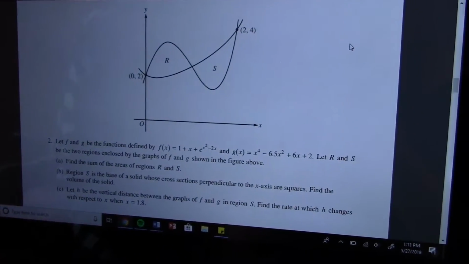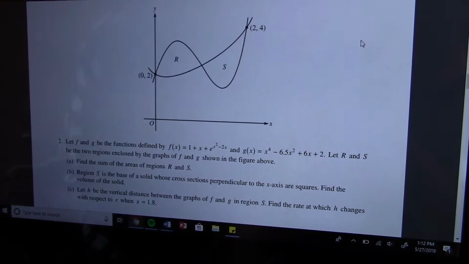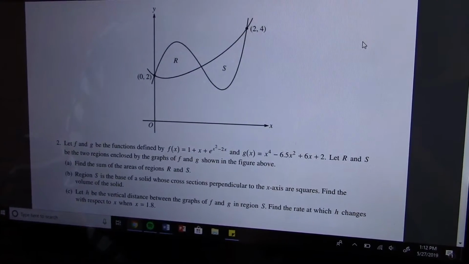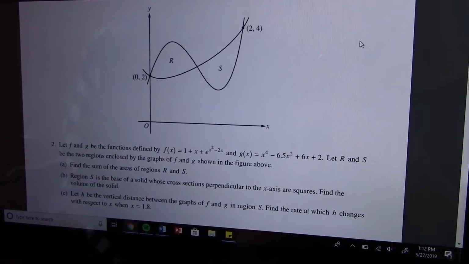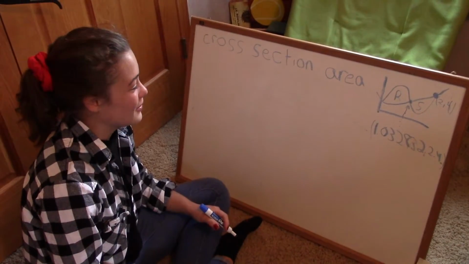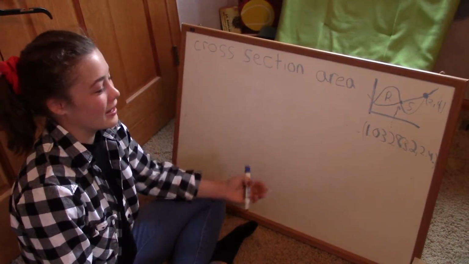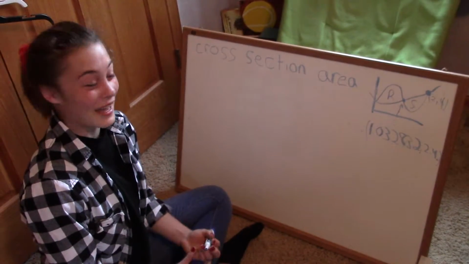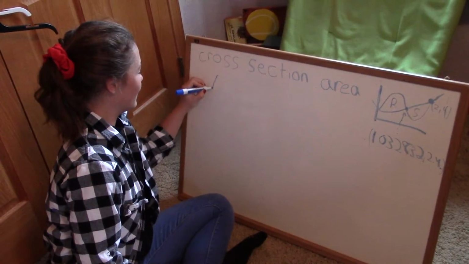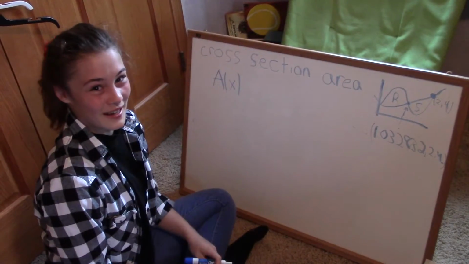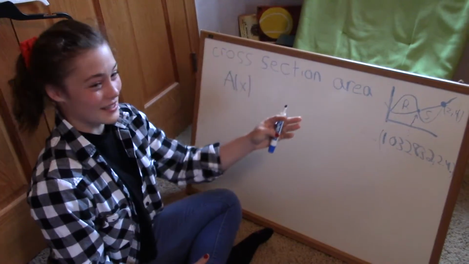Part B. Region S is the base of a solid whose cross-sections perpendicular to the x-axis are squares. Find the volume of the solid. Hello, so in part B we need to find the cross-section area to find the volume of region S. In doing that, we need to use the formula A of x to find the area for the cross-sections.